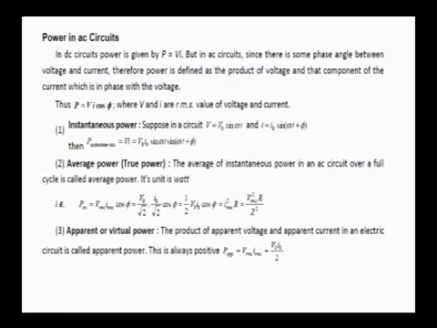Power in AC circuits. Generally in DC we have P is equal to V into I. But in the case of AC, the instantaneous power is V naught I naught sin squared omega t.